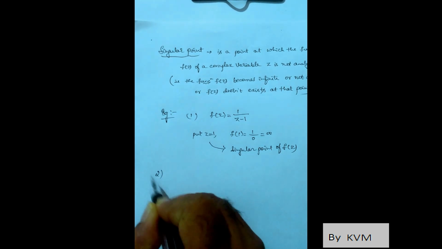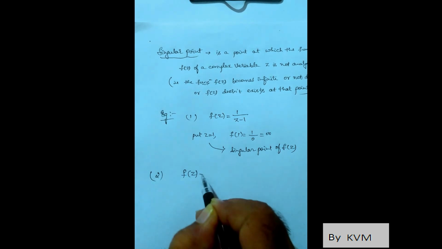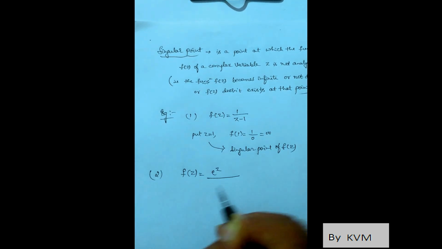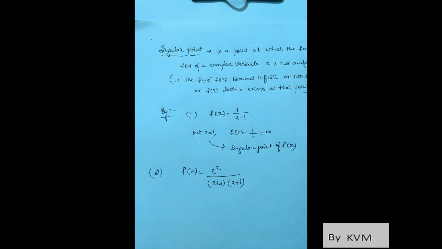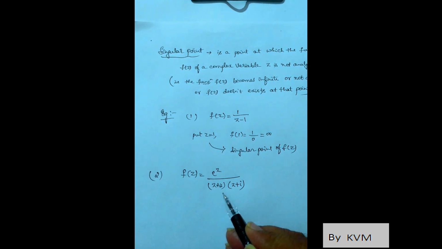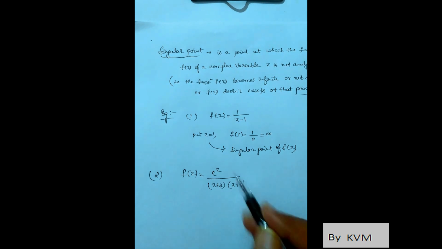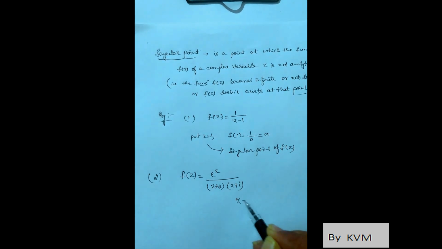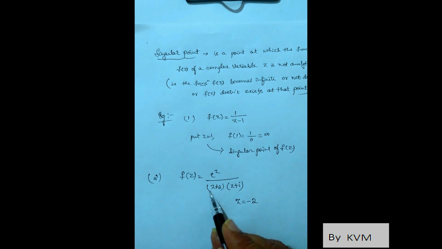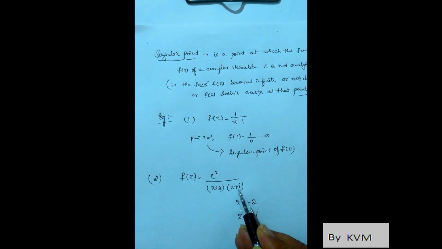Now let us take one more example. f of z equals e power z by (z plus 2) into (z plus i). If you see the second example, in the denominator there are two linear factors, that is z plus 2 and z plus i. So we can say clearly that the function f of z becomes infinite at z equals minus 2, that is, minus 2 plus 2 becomes 0, so 1 by 0 is infinite, and also at z equals minus i, that is, minus i plus i is 0.